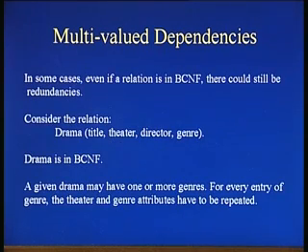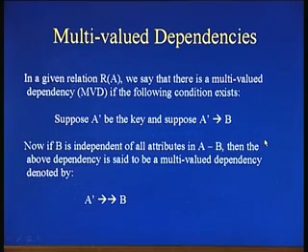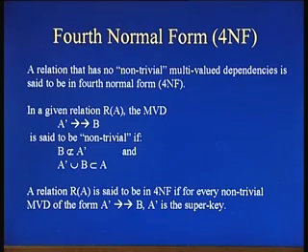In this case, the attributes theatre and director are completely independent of the category or the genre of the drama. There is no relationship; a theatre may play any kind of drama and a director may direct any kind of drama himself. So it is completely independent of that. So we say that there is a multi-valued dependency.